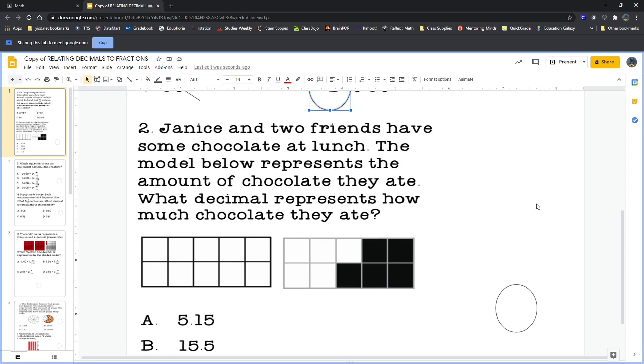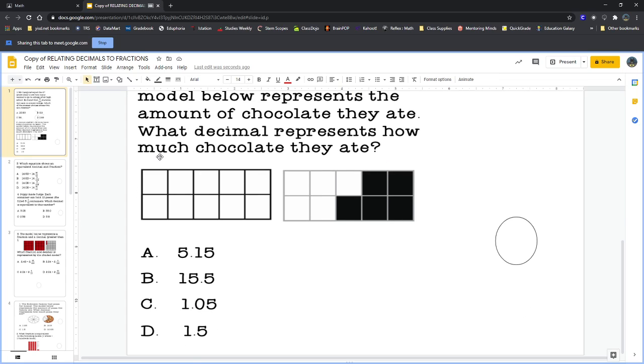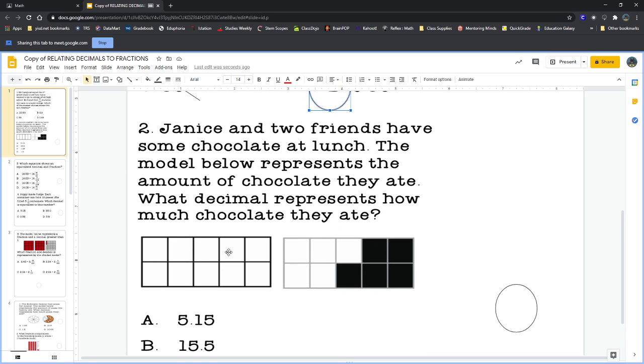Number 2. Janice and 2 friends have some chocolate at lunch. The model below represents the amount of chocolate they ate. Which decimal represents how much chocolate they ate? Okay, so they showed us 2 chocolate bars.